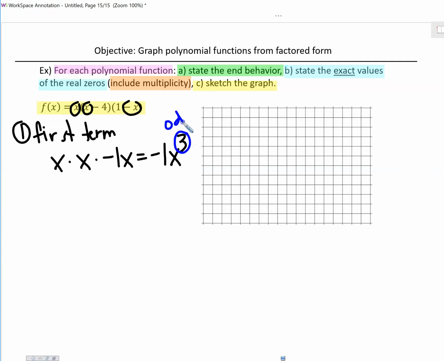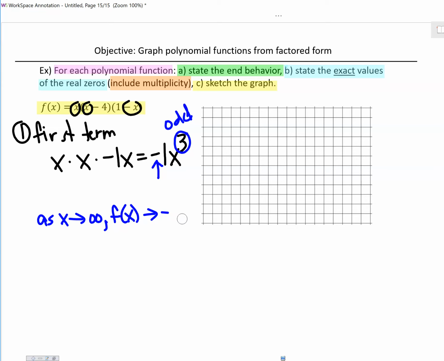That's an odd number. That means we have an odd degree. And an odd degree means that our end behavior, one end is going to go up and one end is going to go down. And the right end is going to match the sign of our leading coefficient. So that means as x goes to positive infinity, our right end, our function values, f of x values, are going to go to negative infinity.